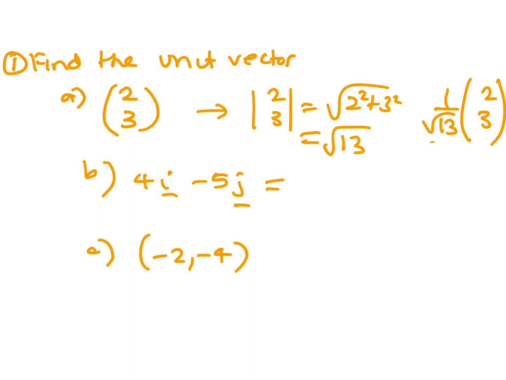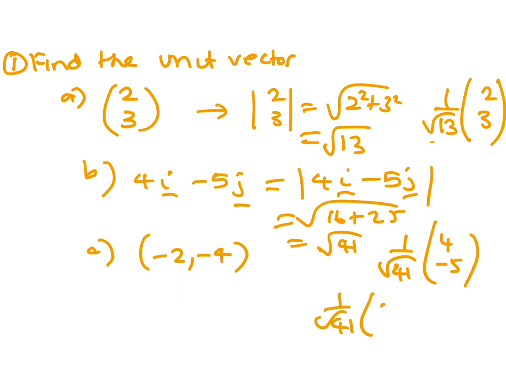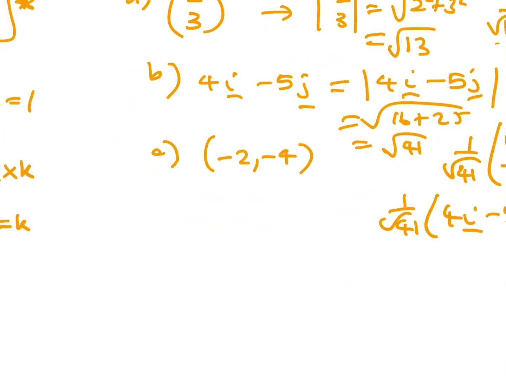All right, if we look at this one here, the magnitude is the square root of 16 plus 25, which is the square root of 41. So it's 1 on root 41, and then it's (4, minus 5), or you could write it as 1 on root 41 times (4i minus 5j).